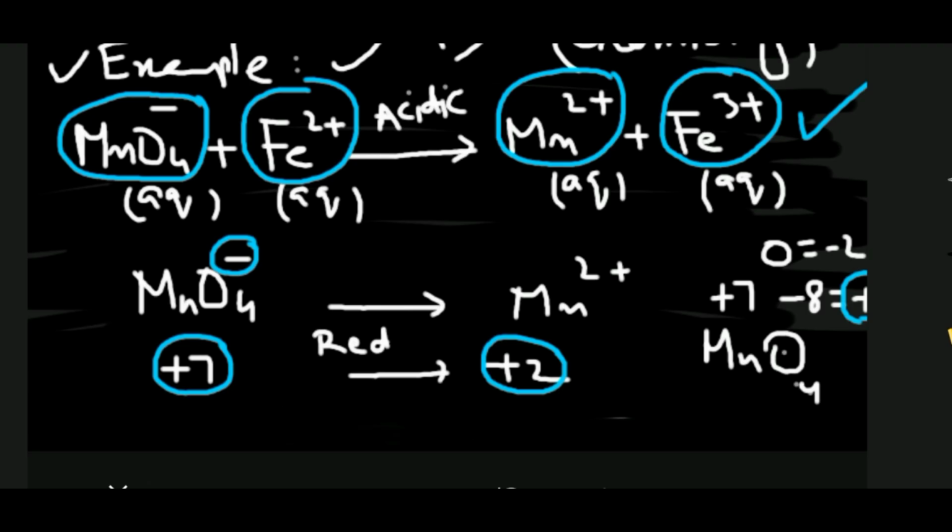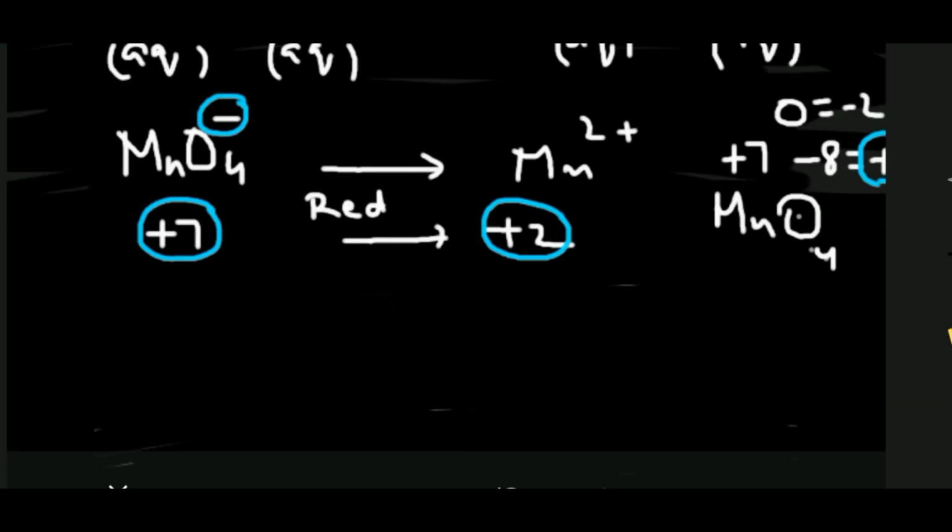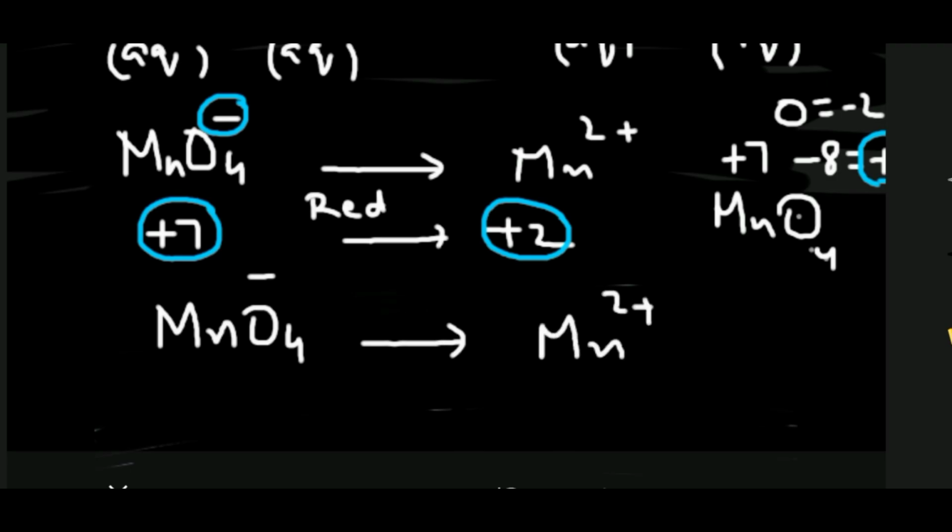Now, in order to balance the permanganate ions, we know that there are 4 oxygen atoms in permanganate, so there are 4 oxygen atoms on the reactant side. Here we have only Mn plus 2.